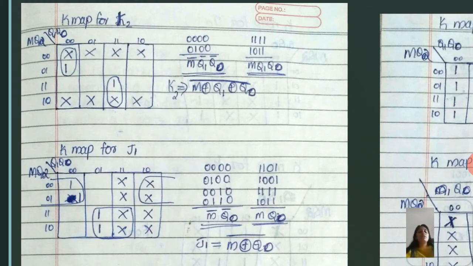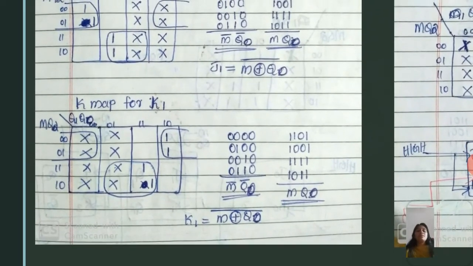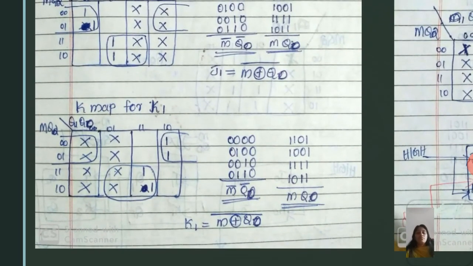You solve the two groups and you will get the result M bar Q0 bar and M Q0. This is another XNOR operation, that is M XNOR Q0. You are getting the result like this. This is the same for K1. You can see the same result is getting here also. The same type of grouping is happening here.